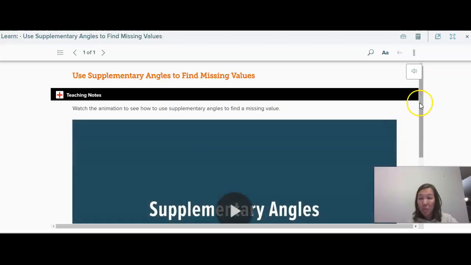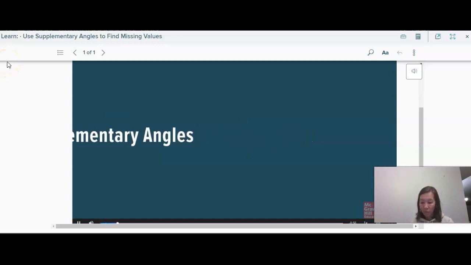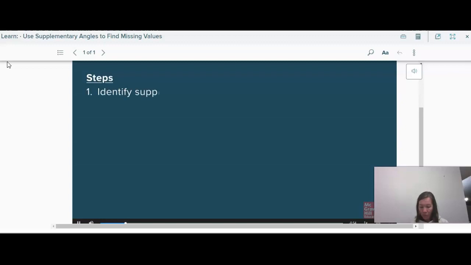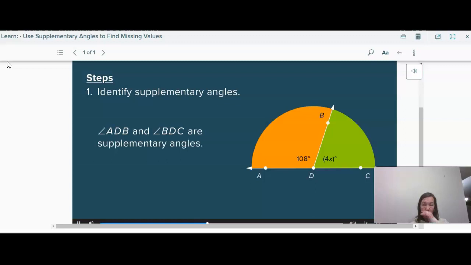Again, we will use supplementary angles to find missing values, so you can watch this. You can use supplementary angles to find an unknown value. Two angles are supplementary if the sum of their measures is 180 degrees. Together, angle ADB and angle BDC form a straight angle. A straight angle measures 180 degrees, so angle ADB and angle BDC are supplementary.